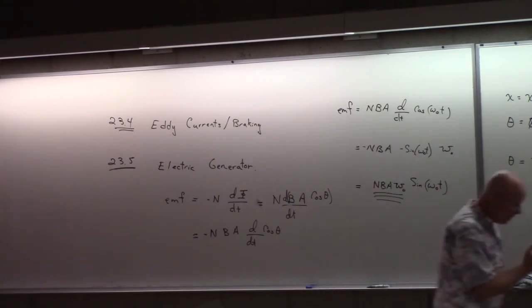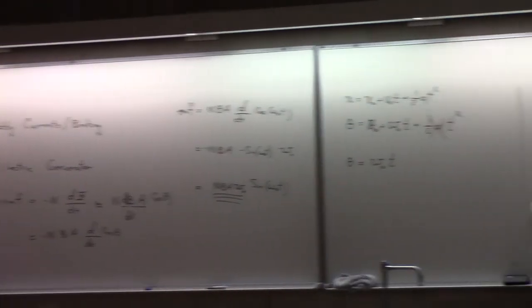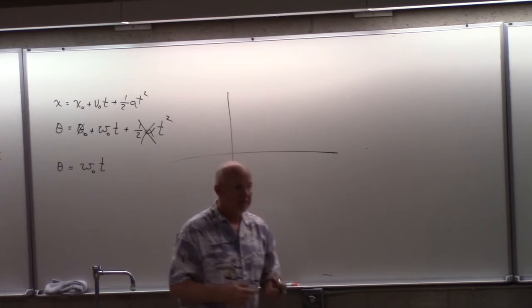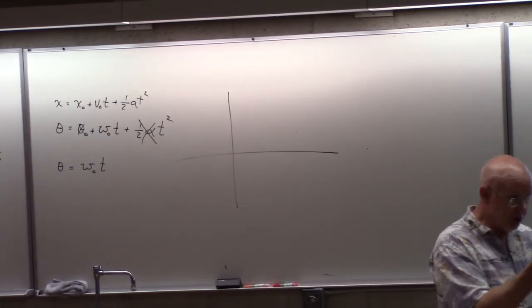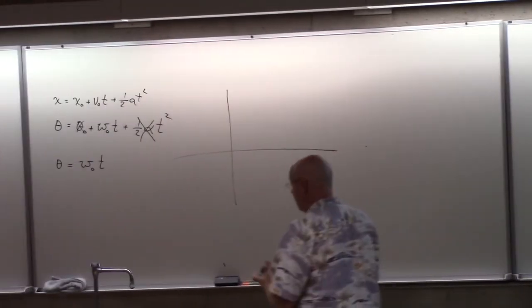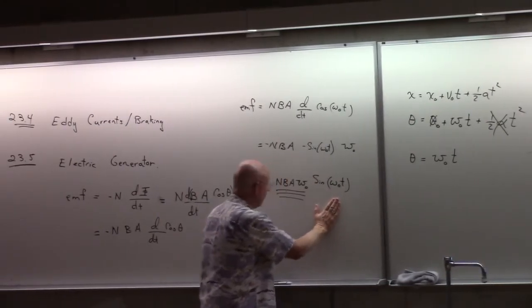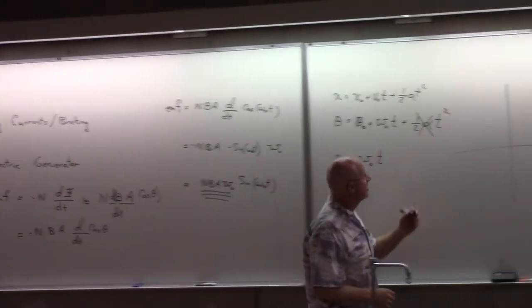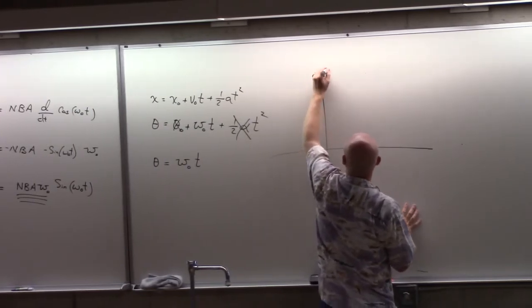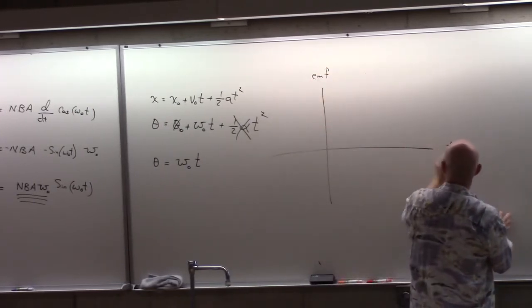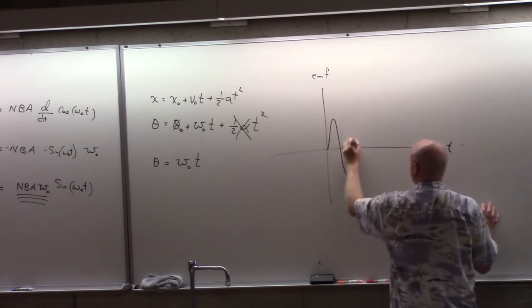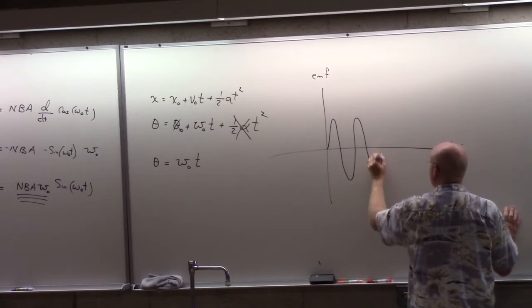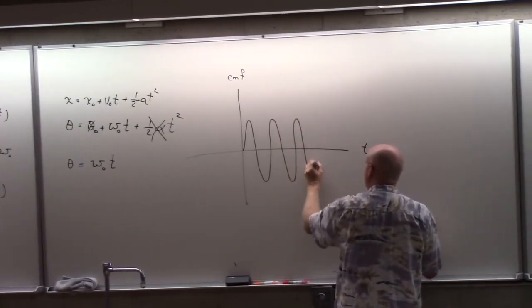So if you have a rectangular wire that's spinning in a magnetic field, it will produce an EMF that, as we read the math, looks like a sine function with this amplitude. And so if I plot the EMF as a function of time, it would go up and then down, and then up and then down, and then up and then down.